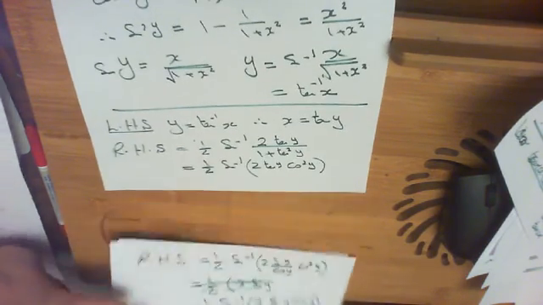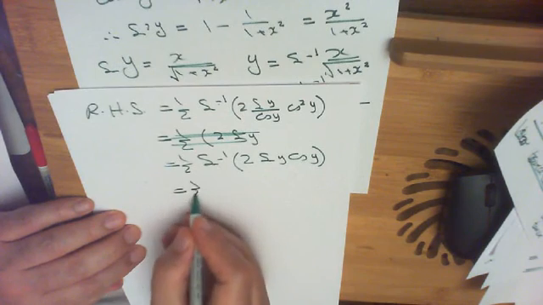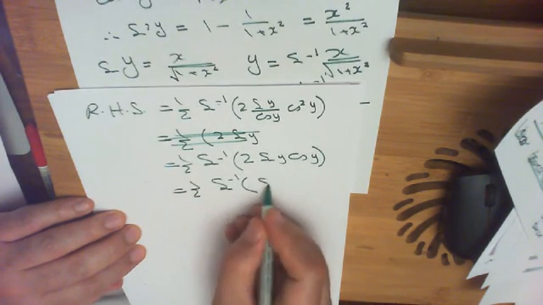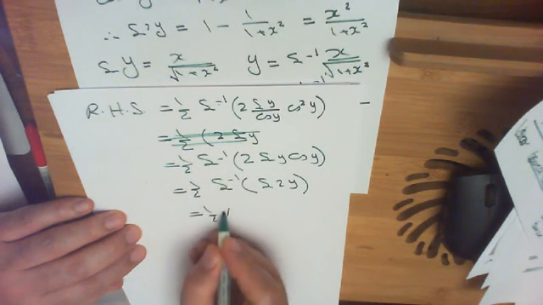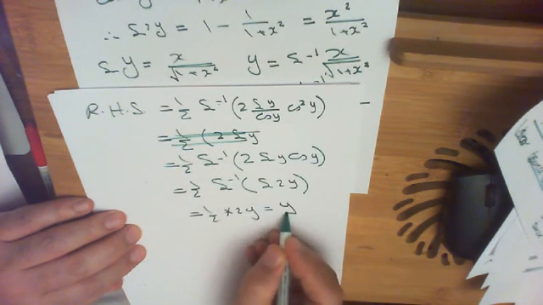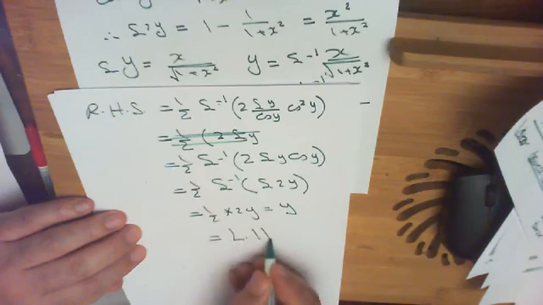But 2 sine cosine is sine of twice the angle, so half sine minus 1 of sine 2y. Sine minus 1 cancels sine, we have half times 2y, which is y, which is the left hand side.